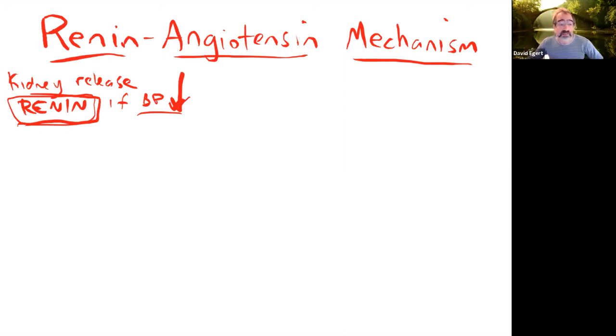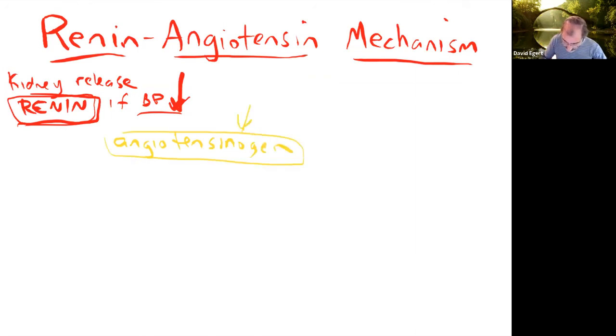Another thing floating around is angiotensinogen. This is just a plasma protein, and assuming nothing else is happening, it just floats around. But renin is going to catalyze angiotensinogen into angiotensin 1.